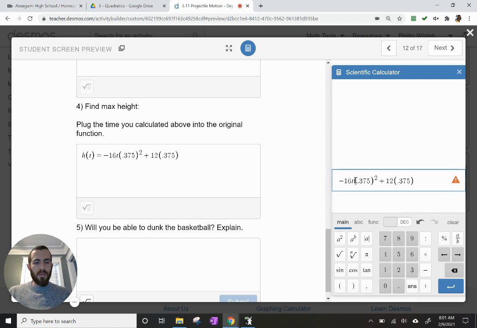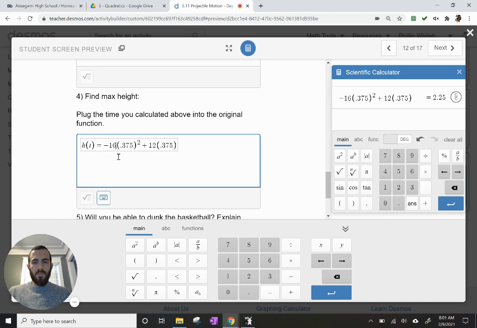Get rid of that extra t. And we get 2.25. So that's how high our feet get off the ground.